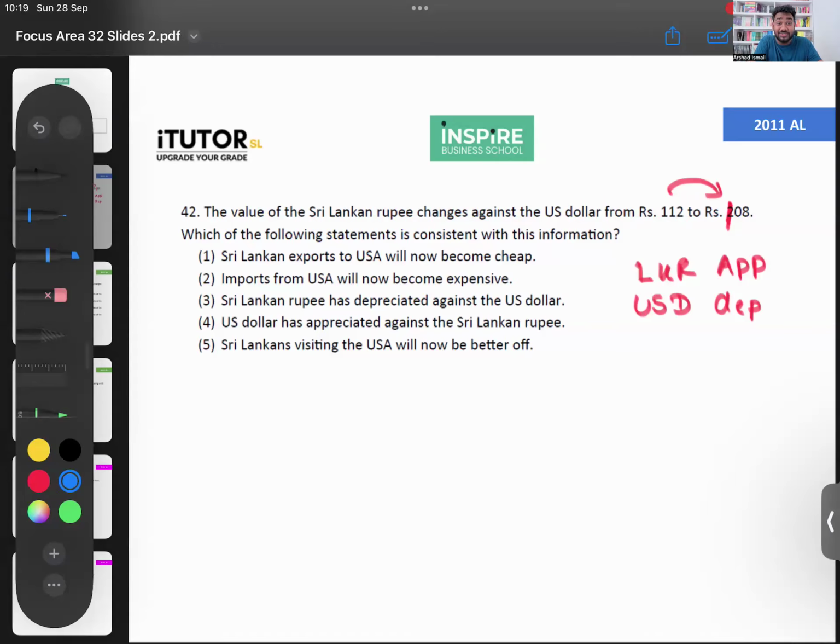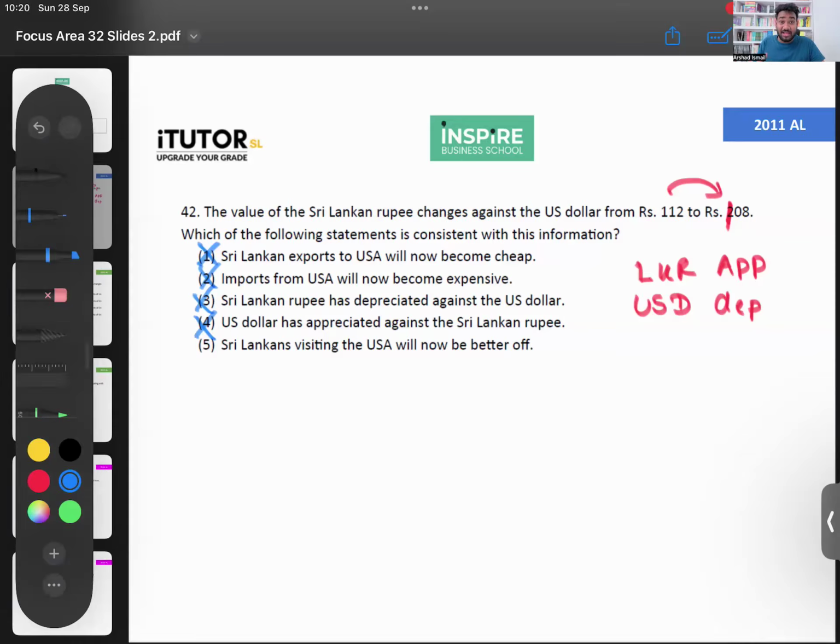No, your exports become expensive, not cheap. So wrong. Imports from US will now become expensive. When the currency appreciates, whatever you import is cheaper, right? So that is also wrong. Sri Lankan rupee has depreciated: wrong. US dollar has appreciated: wrong.